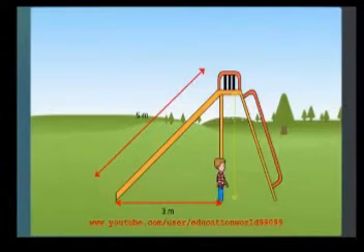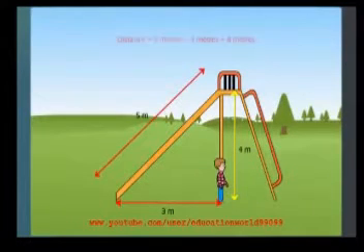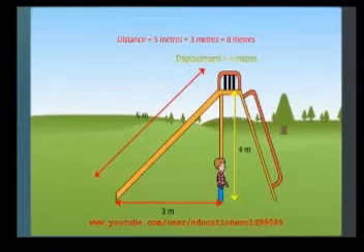The top of the slide is at a height of 4 meters from the base. The other measurements are displayed. The distance covered is 5 meters plus 3 meters, that is 8 meters. Displacement is the shortest distance between the start and end point. Here, displacement is 4 meters.